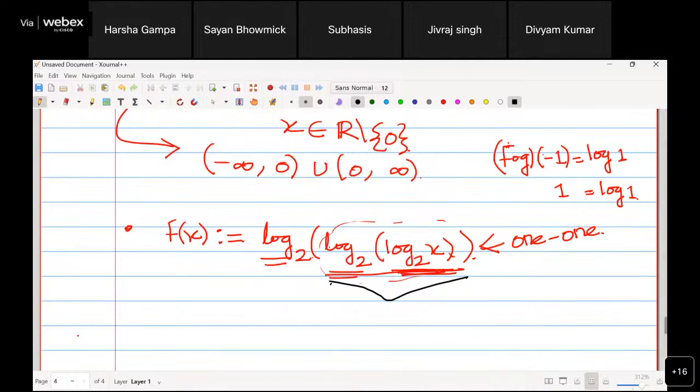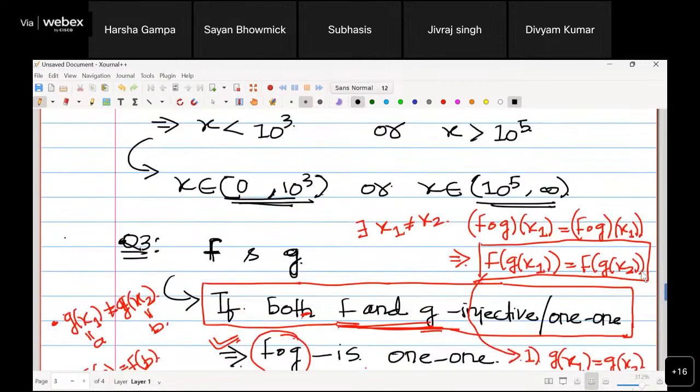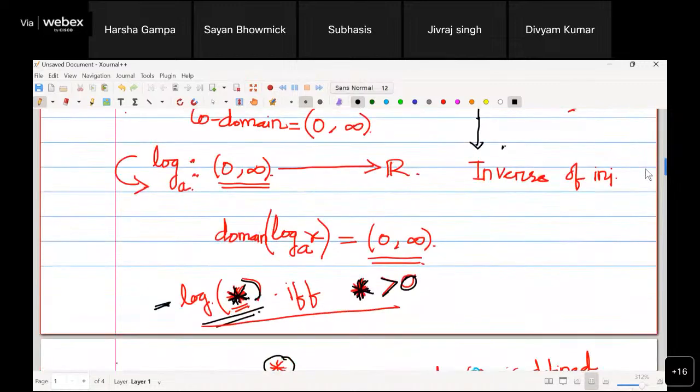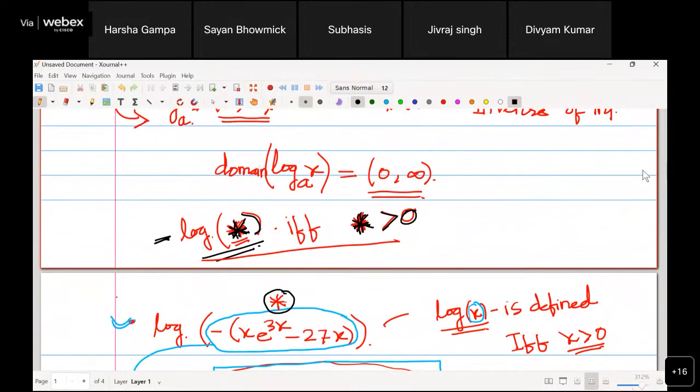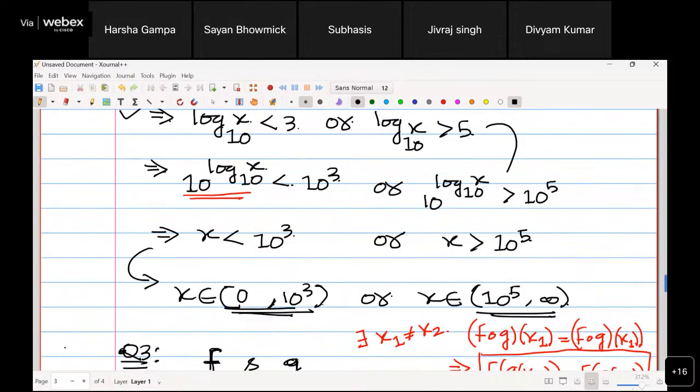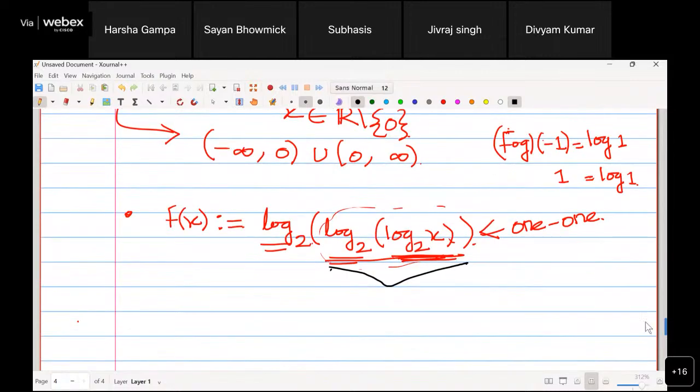Again, the same thing I told you a lot of times. Don't forget about this star. The star would be greater than 0. What is star here?